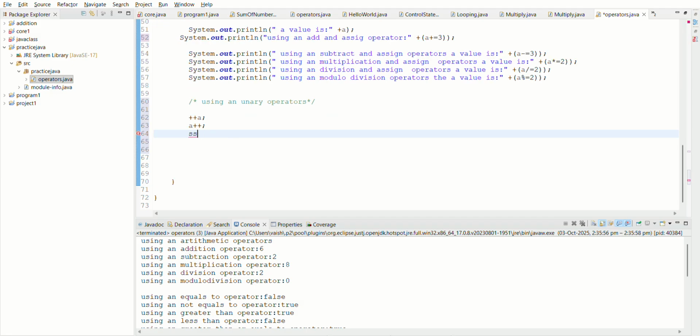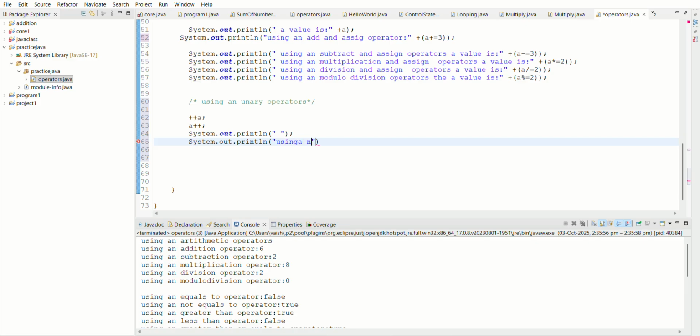So here System.out.println. Using unary operators, we write System.out.println. So first one is pre-increment. Pre-increment means it increments the value by 1.